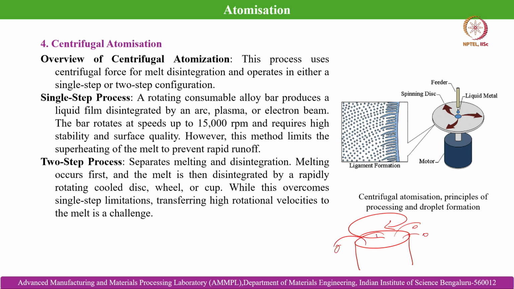That is why it is called a single step process, and sometimes it is challenging because we are talking about a consumable bar. It requires the bar to rotate at very high speeds up to 15,000 rpm and requires high stability and surface quality. However, this method limits the superheating of the melt to prevent rapid runoff.